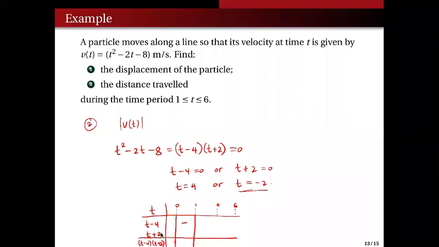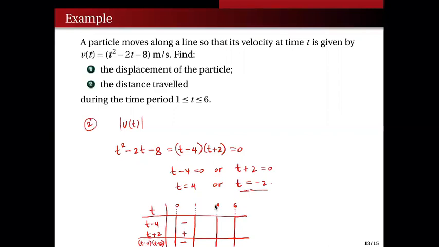The value of t plus 2 between 0 and 1 is positive. So if you multiply these two guys, t minus 4 times t plus 2, you multiply the signs, you will get a negative number here.